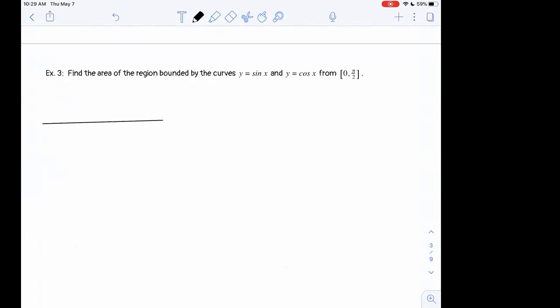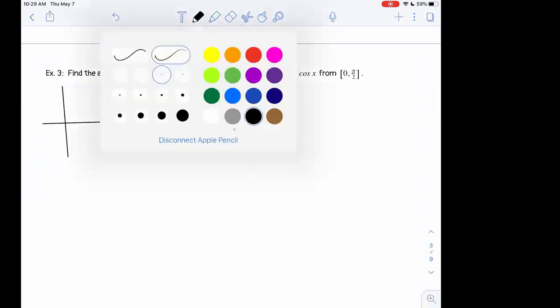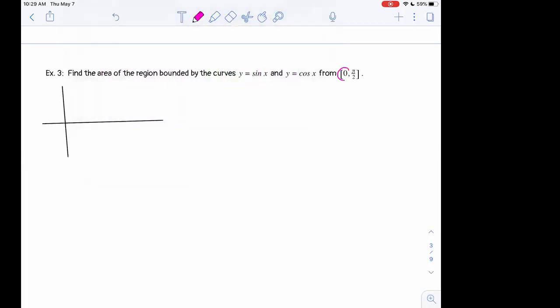And I'm only going to draw the positive side because they already tell me that we're starting at 0. So 0 is my A. And then they're telling me I want to stop counting at pi over 2. So those numbers in the brackets tell you your starting and stopping point.